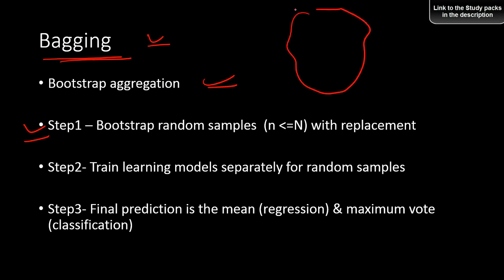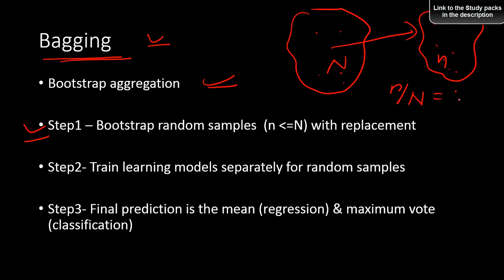Let's say this is the population. We take a random sample. Let's say we just take 70% of the data. So this is capital N, this is small n. We take small n from the capital N, where small n by capital N is, let's say, 0.7.